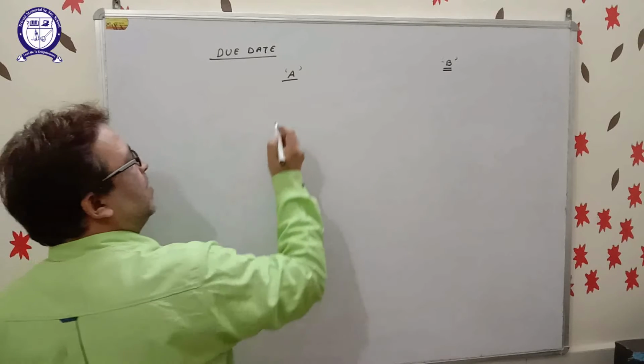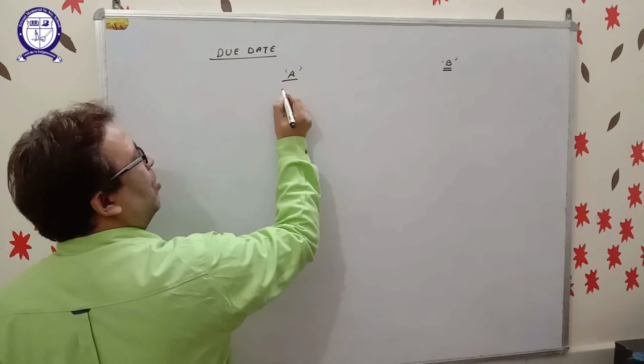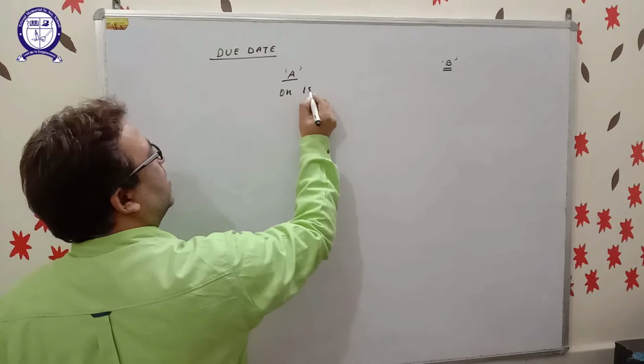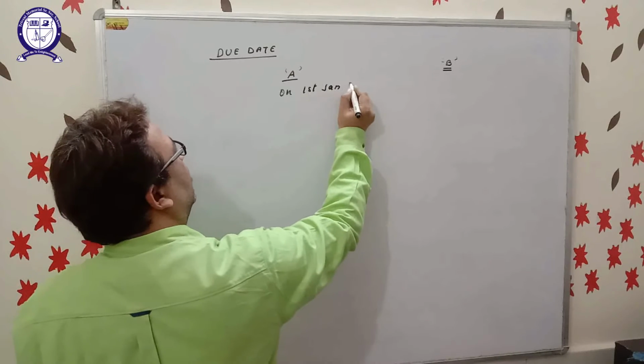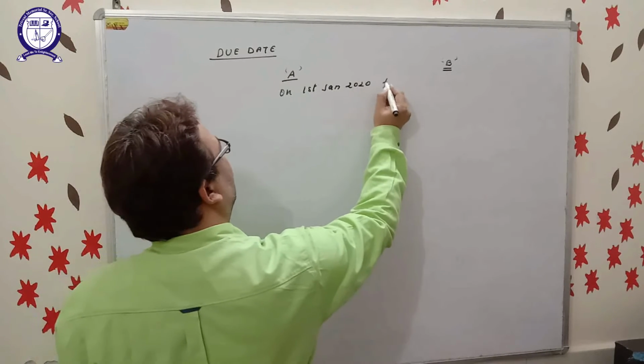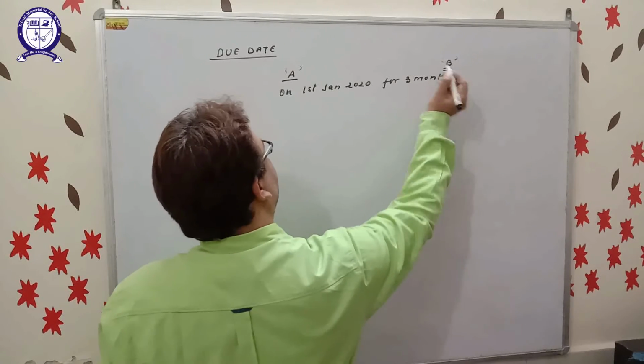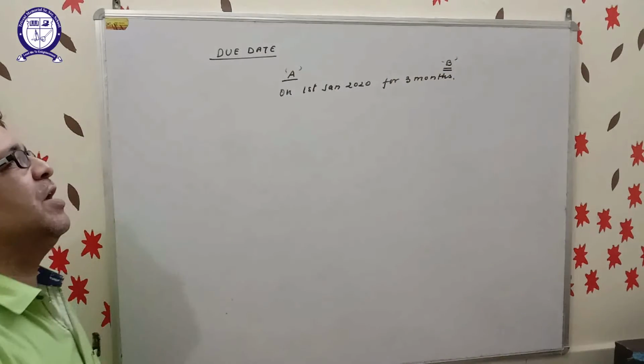Let us understand. Suppose A has drawn a bill on 1st January 2020 for 3 months. What will be the due date now?